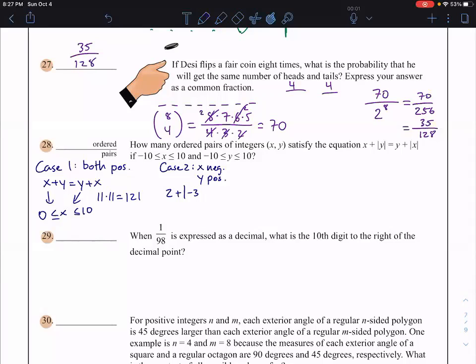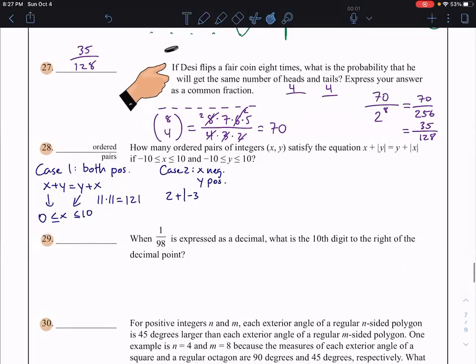Say x is negative 2, and then y is like 3. That means that this side of the equation will be 3 plus this. Yeah, this will never work out. So this will never work. There are 0 possibilities.